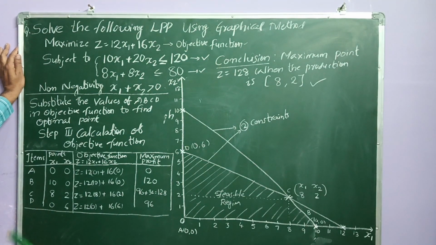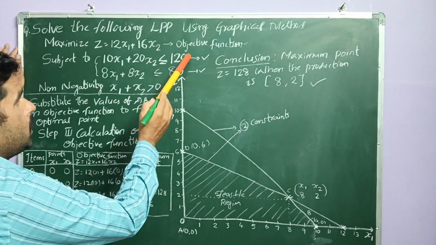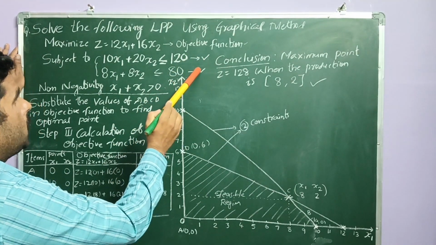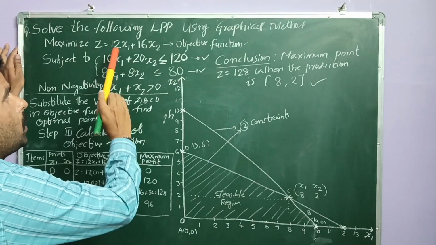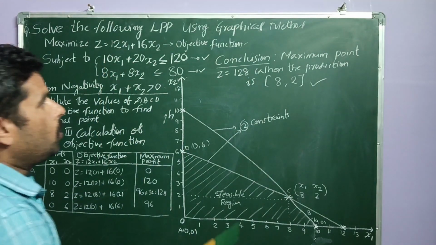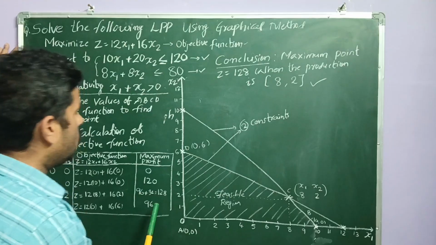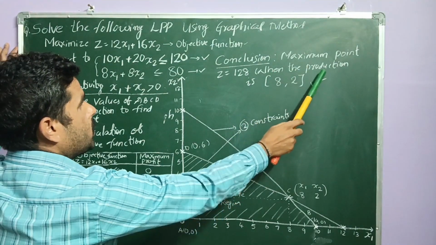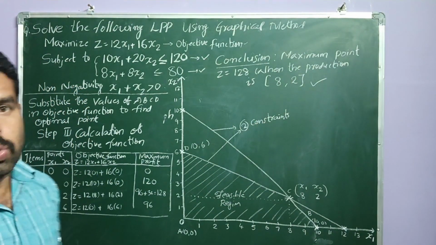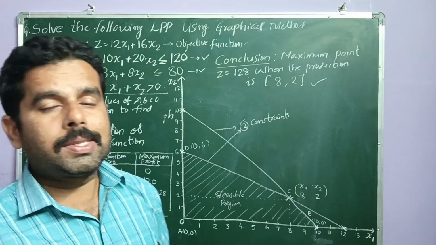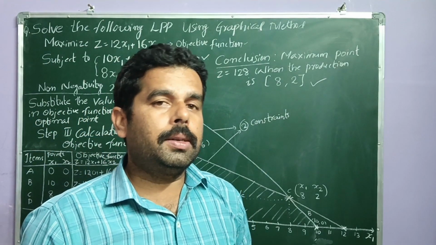Okay, so after getting the objective function values, see, first what we did: constraint number 1 completed, constraint number 2 completed. Then we placed all the values into the objective function. The conclusion is here: the maximum is z equals 128 when the production is 8, comma 2. Okay, 8, comma 2. This is the graphical method problem.